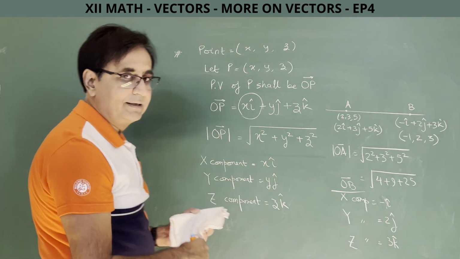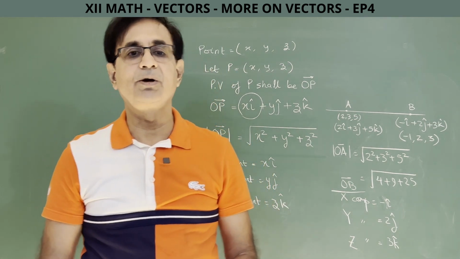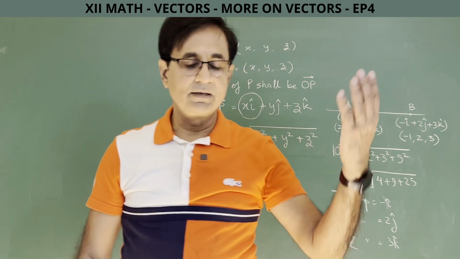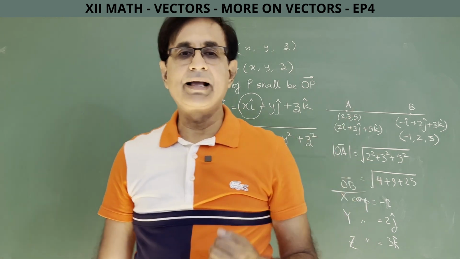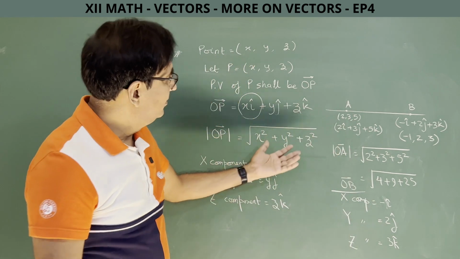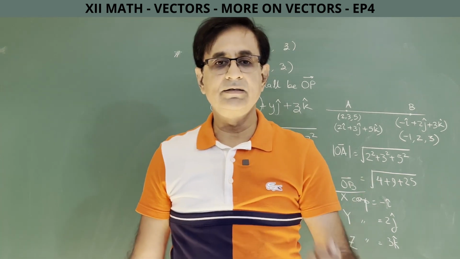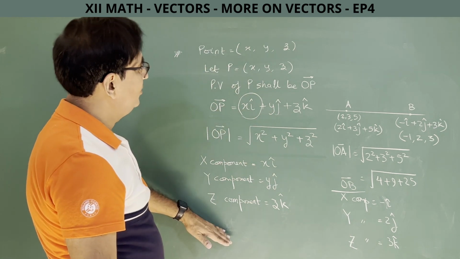So, this is what is interesting for vectors. What we did in the previous 3 episodes was a little boring because that was hardcore, your theoretical concept of vectors. How do I represent vectors on a plane by directed line segments, but now I will be just remembering formulas and doing my numericals within seconds or minutes. So, the first formula is in front of you on the blackboard.